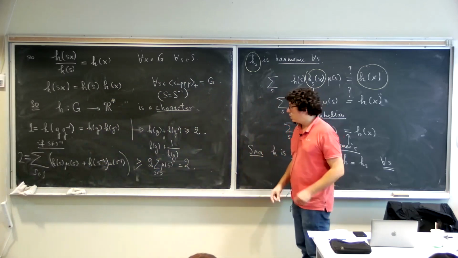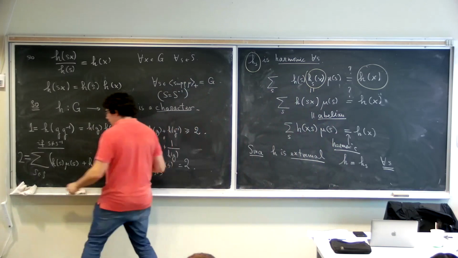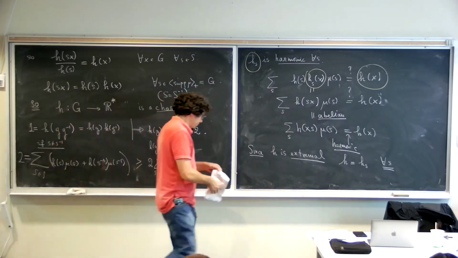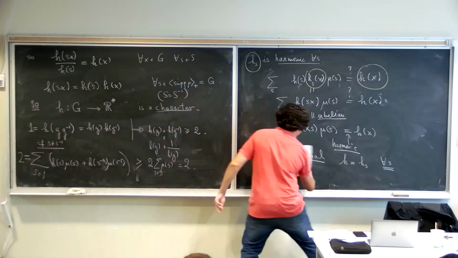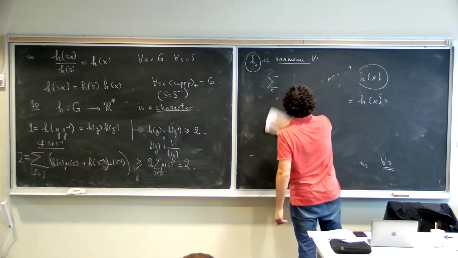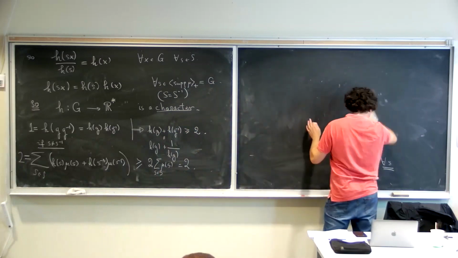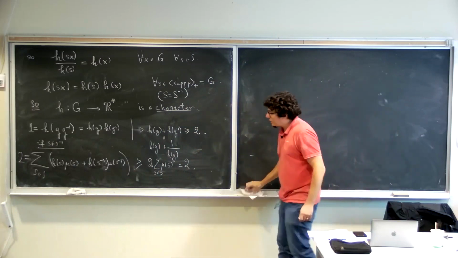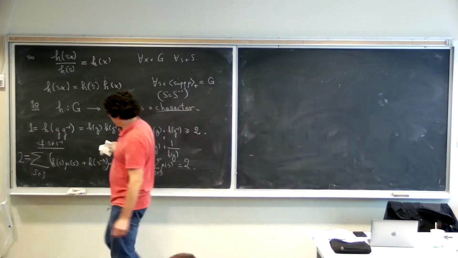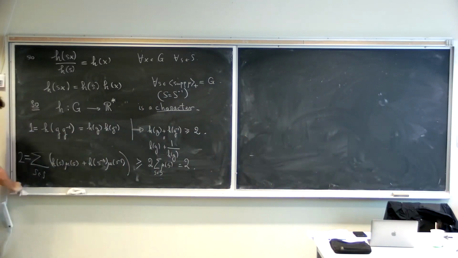So it means that every step has to be an equality. In fact, so far we're not using the fact that S is different from S inverse. This proof still works so far.